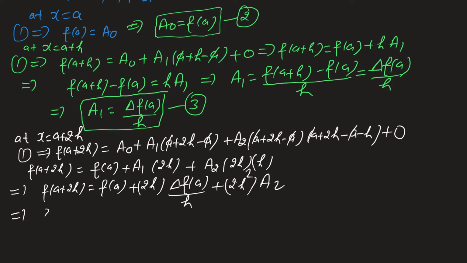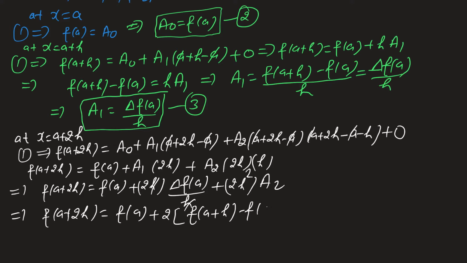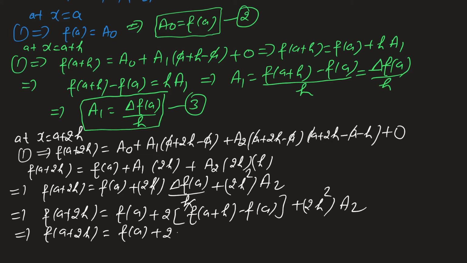Now this further implies that f(a+2h) is equal to f(a) plus, h and h will cancel out, using the definition of delta f(a), the forward difference operator, it will be f(a+h) minus f(a), plus 2h² a2. This implies that f(a+2h) is equal to f(a) plus 2 f(a+h) minus 2 f(a) plus 2h² a2.